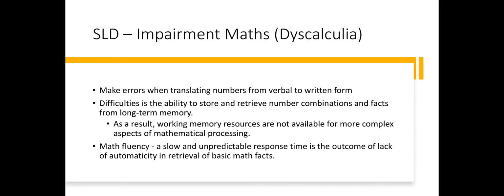And as things get more complex in maths, you will see that these children just don't have the basic understanding, this maths fluency, in order for that automaticity of retrieval of those basic math skills. So again, working memory plays a huge, an important part in our understanding of maths.